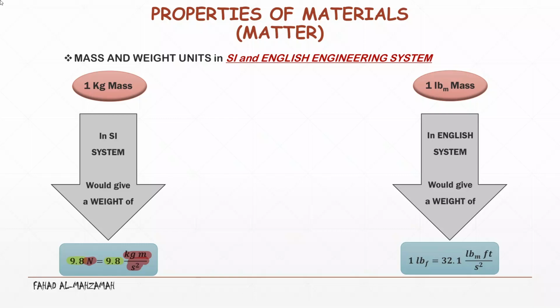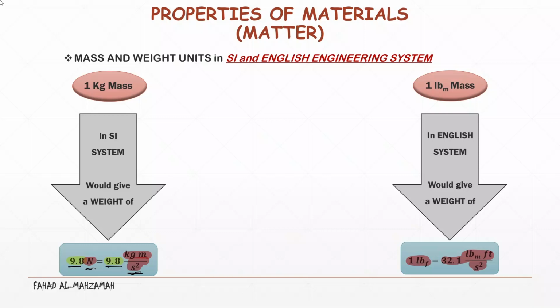However, in the English engineering system, 1 pound mass gives 1 pound force, and this 1 pound force is equal to 32.1 pound mass feet per square second. So in the SI system, the units are just represented in a different way, but the value is the same.